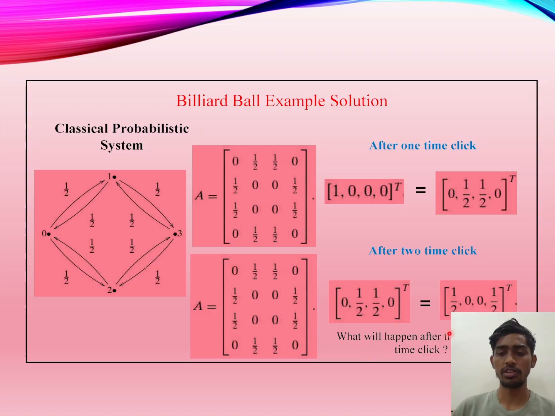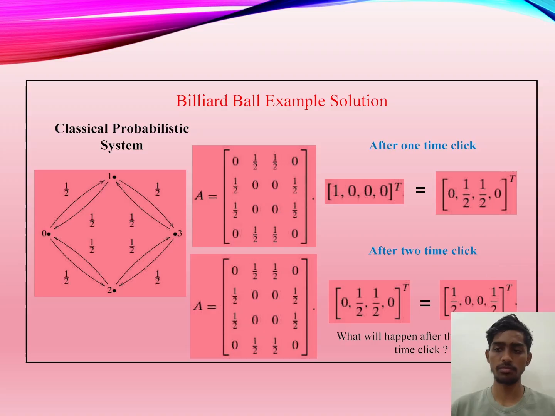So what happened after this? We get another matrix state after the third and fourth time clicks, continuing to grow, which helps us tell the classical probability systems what the probability is of going from this position to this, from this to this, which helps us find it more accurately.